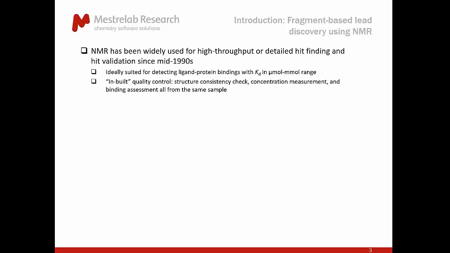NMR is ideally suited for detecting ligand protein binding with the dissociation constant in the micromolar to millimolar range. And another good thing is NMR provides inbuilt quality control information for things like structure consistency check, concentration measurement, and binding assessment, almost all from the same sample.